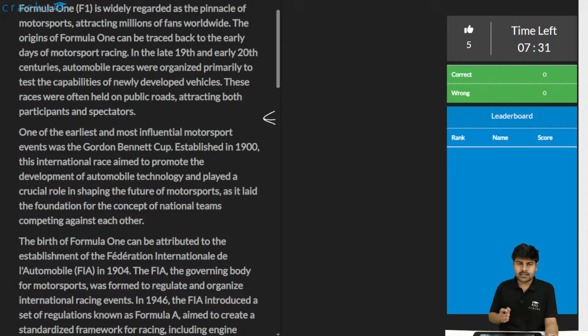Once you are finished reading this part, just write in the chat box and I will scroll down, okay? Okay, I will scroll. I hope you have done reading this.